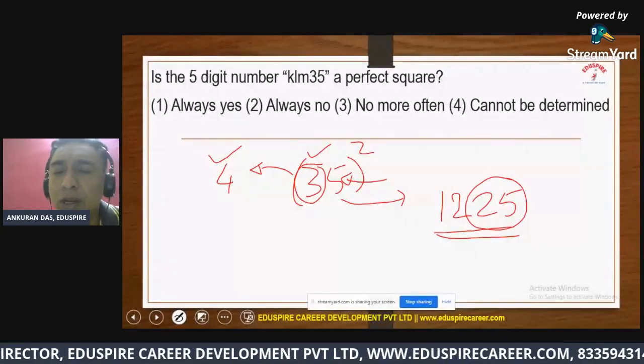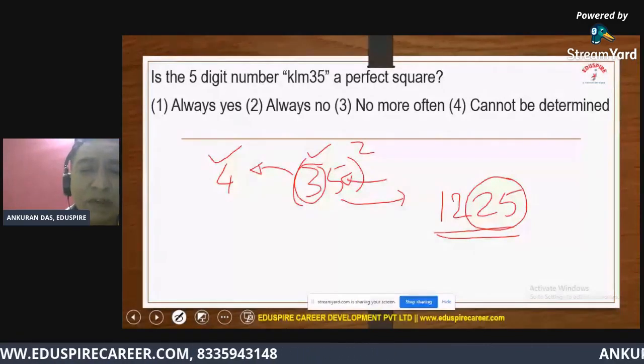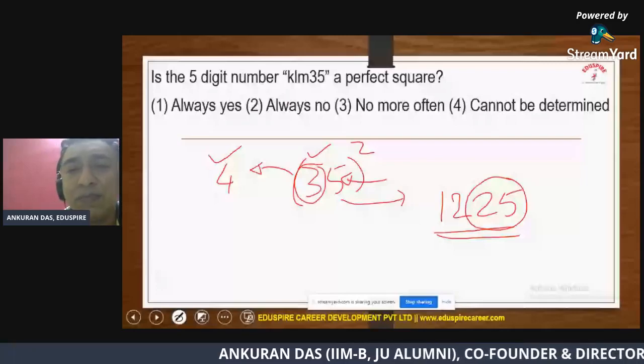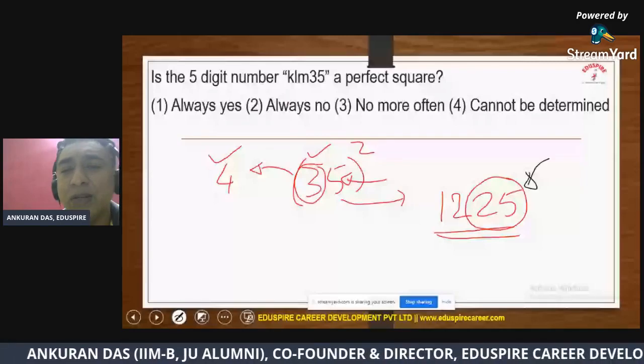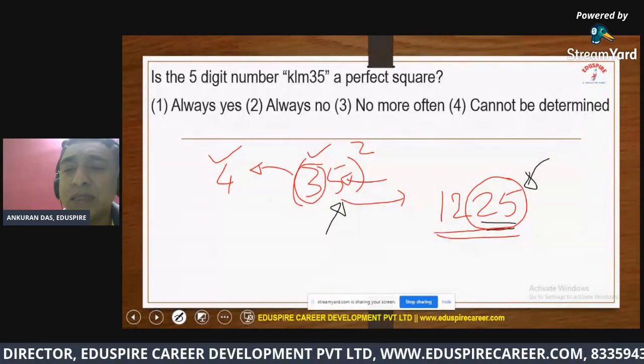Or in other terms, if in a perfect square the last digit is 5, that means the base had 5 in the units place. And if the base had 5 in the units place, then the last two digits of the square must be 25.